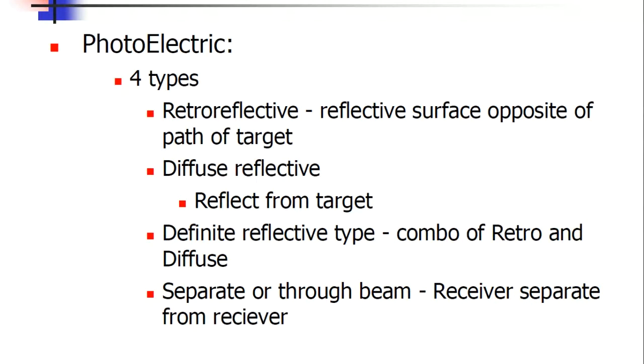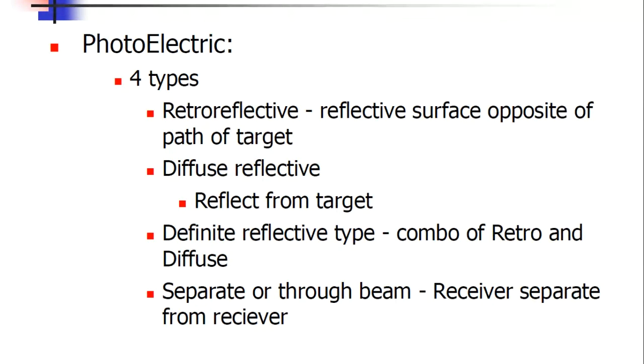So one of the nice things about the photoelectric is they give you much further distance of sensing. Remember, the capacitive one was always less than an inch. An inductive one could maybe do almost up to 2 inches.